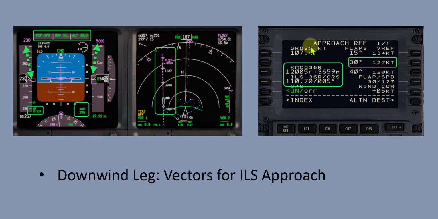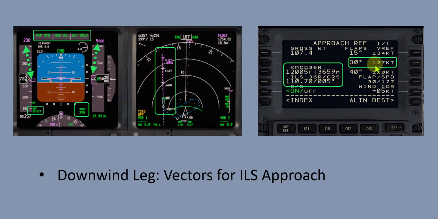And one of the things that has already been set up is to establish this ILS approach. We've loaded it in the FMC, and part of that information is the ILS for the approach to 36 right. This gives us information on the runway, the frequency, and the inbound course.